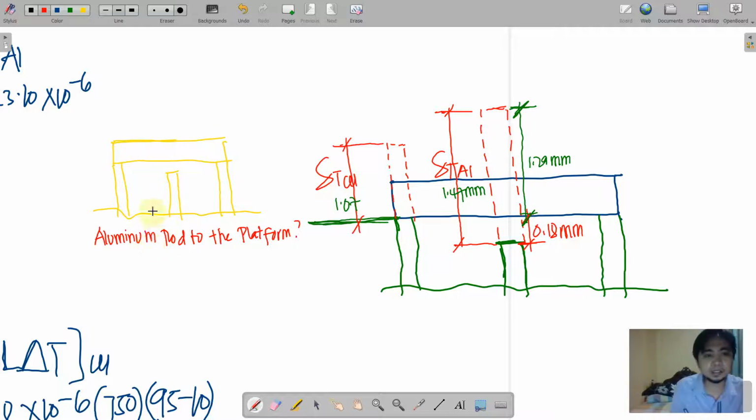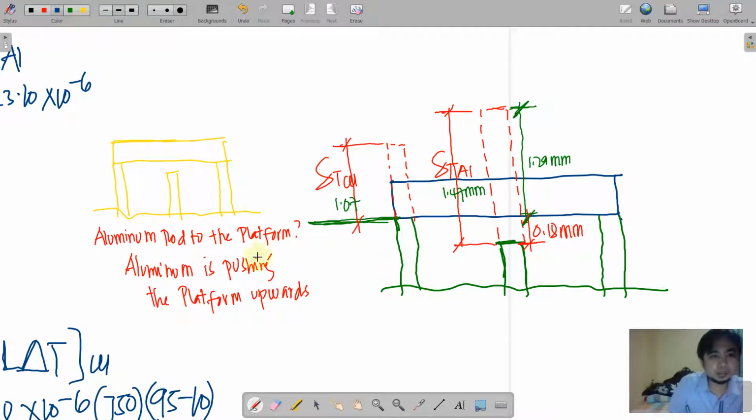So the answer is the aluminum is pushing the platform upwards. So if there is a push between the aluminum rod and the platform, therefore, the stress in the aluminum rod will be a compressive stress. Okay.